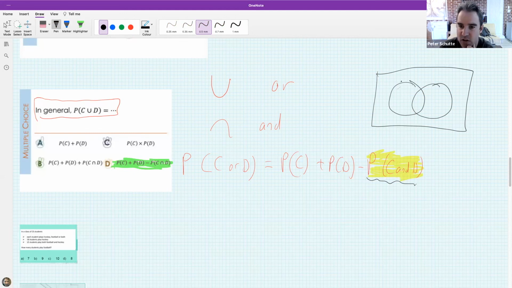If we count the whole of A once and the whole of B once, we've counted that middle region twice. That's why we have to subtract it at the end here. Whereas if the Venn diagram has no overlap, in that situation it would be A.